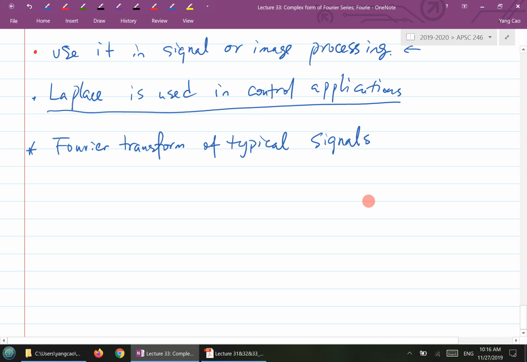Okay, so let's take a look at one Fourier transform. Number one, let's take a look at this one. What will be the Fourier transform of a shifted impulse function?